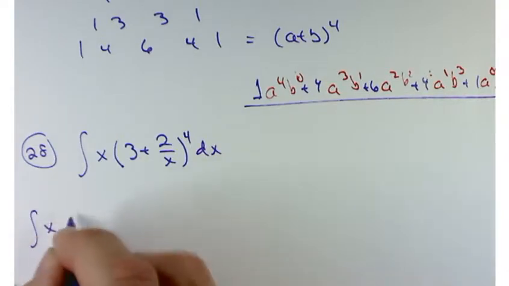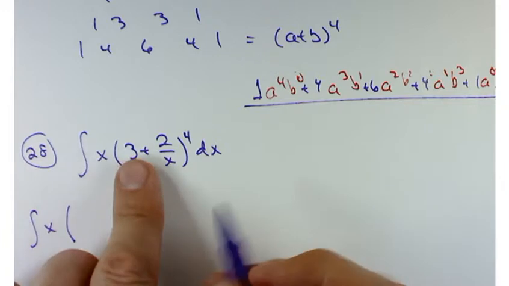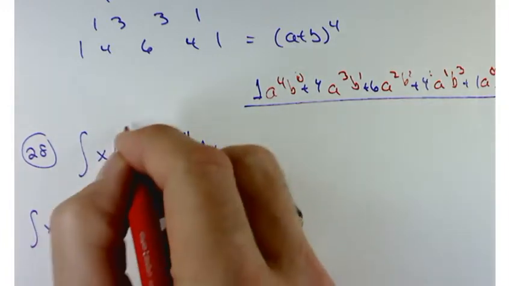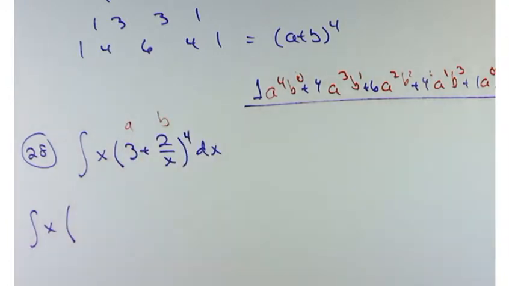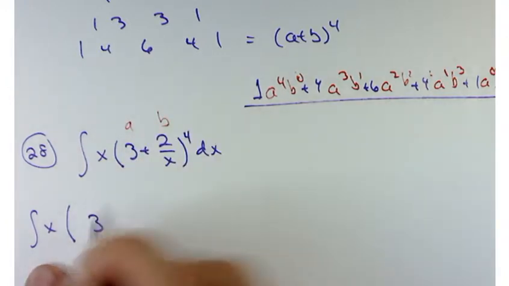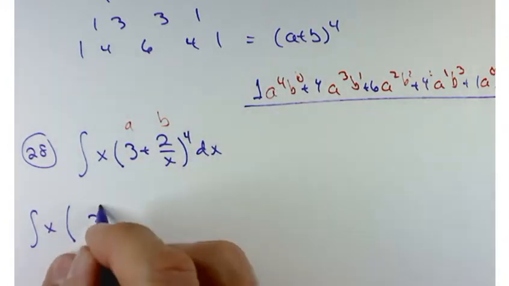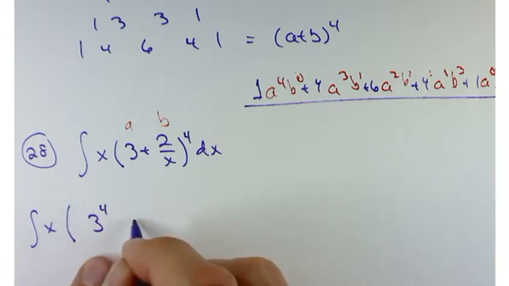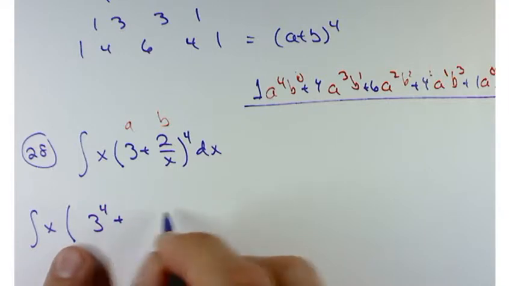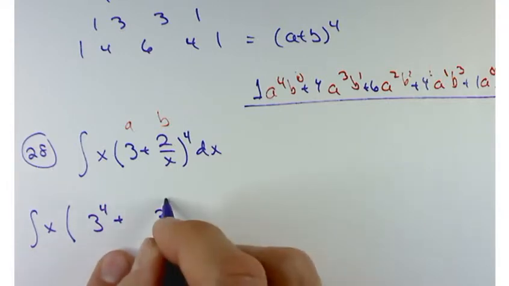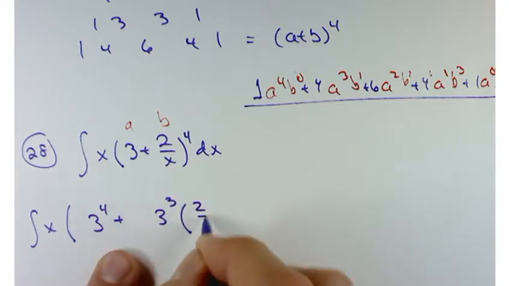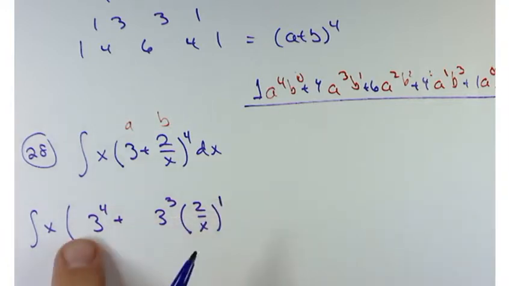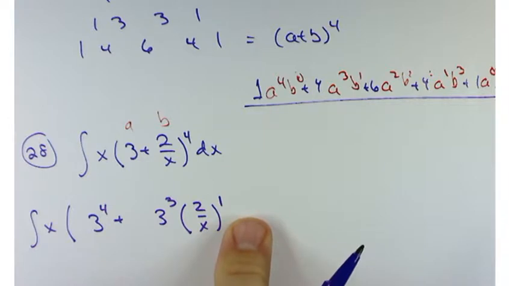So how would that look? It's going to be x times, well, this is your a, and this is your b. I'll have 3 to the fourth power, and let's leave ourselves some generous amount of space here, plus 3 to the third power times 2 over x to the first power. I'm still going to have to go back in and throw in some coefficients.